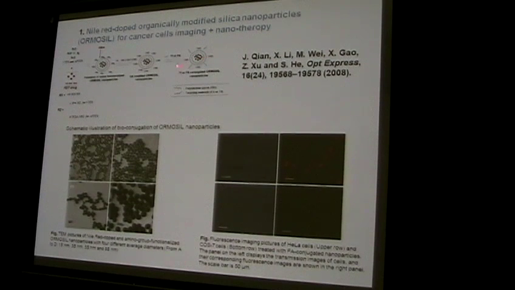But anyway, you only need to know that after we have the dye for fluorescence imaging and the PDD drugs for the cancer cell wrapped inside, we need to do the surface modification and the bioconjugation in order to do the targeting job.